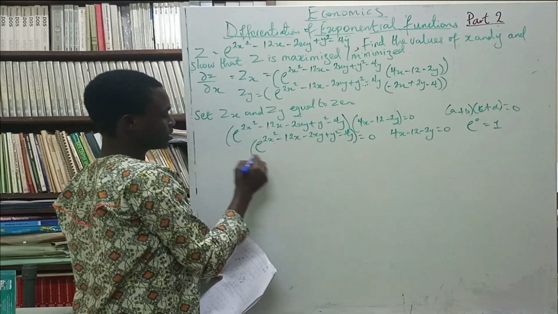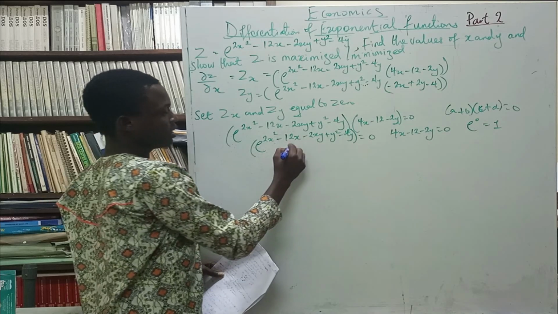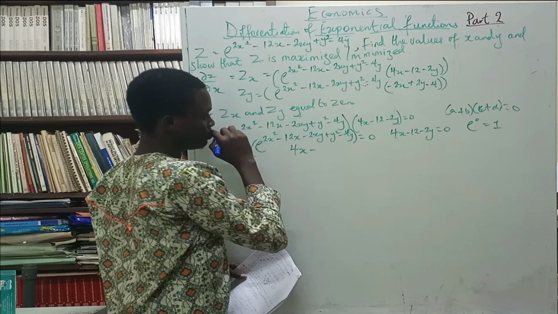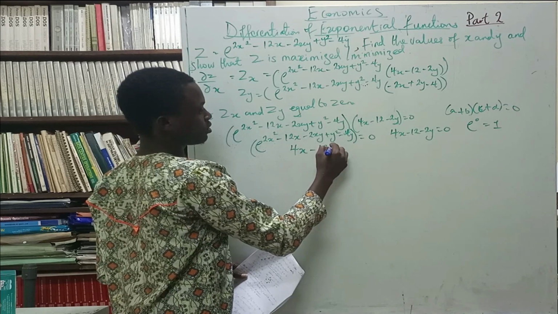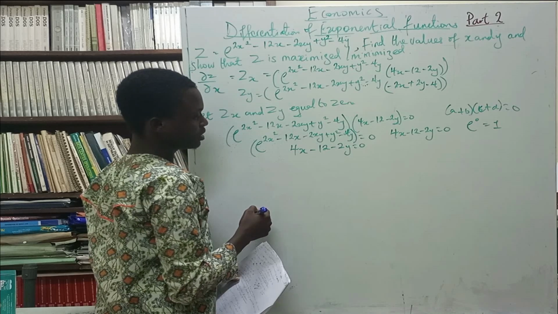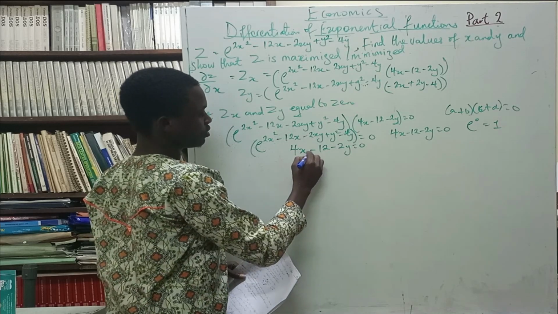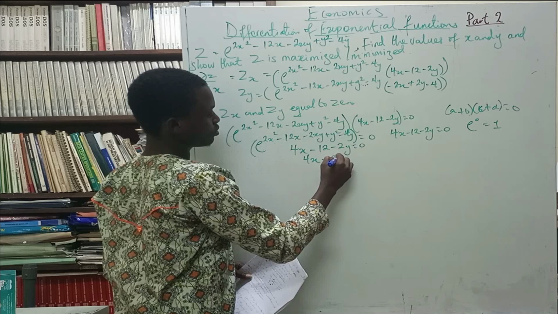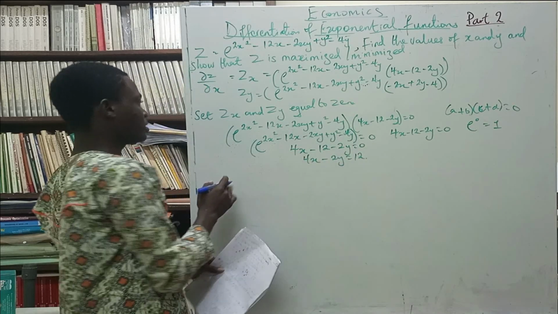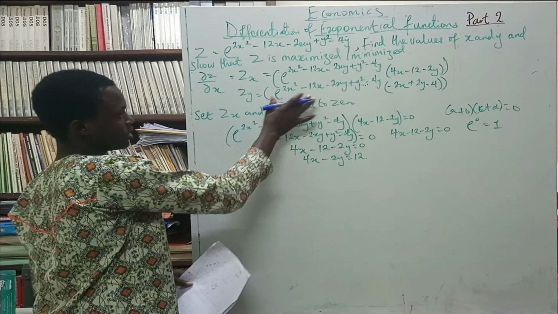So you see that it's pretty simple, right? It's eliminating itself. So you have 4x minus 12 minus 2y equals 0. You can easily say 4x minus 2y equals 12, right? So that's that. Then we set zy equal to 0, which is this.